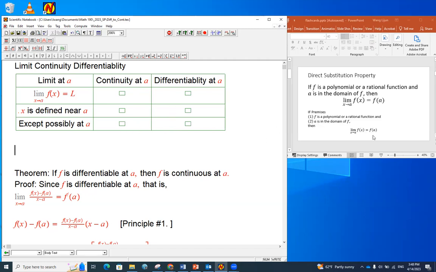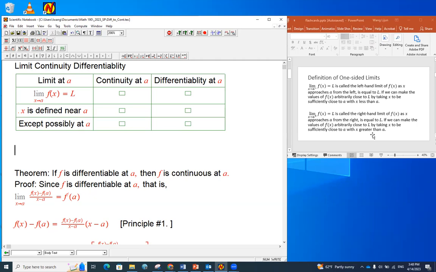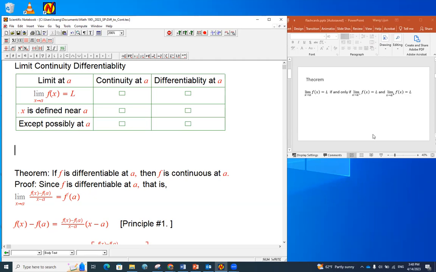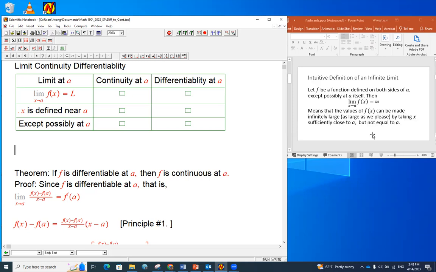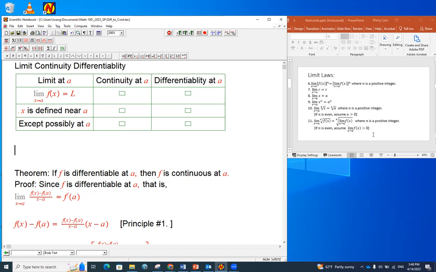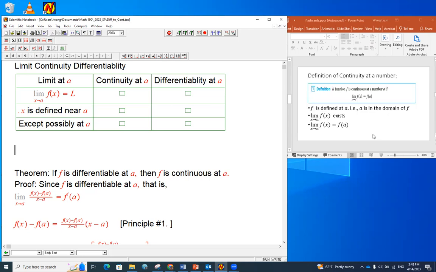But for continuity, let's bring up the definition of a continuous function at A. This time we require that f is defined at A. So there are three elements.